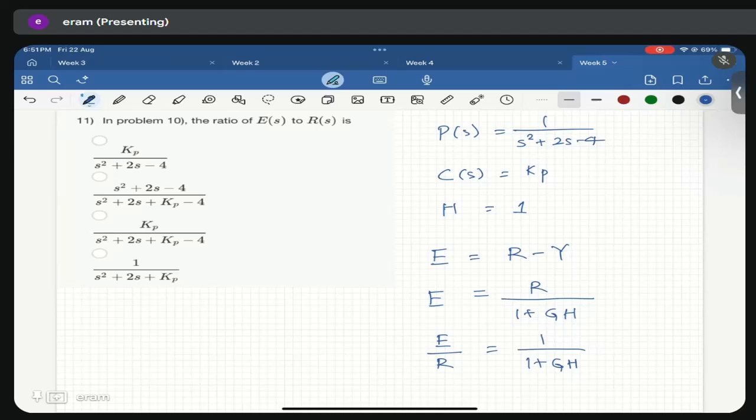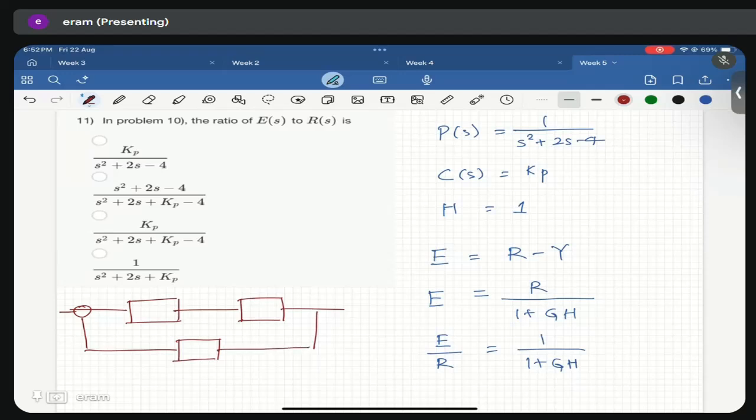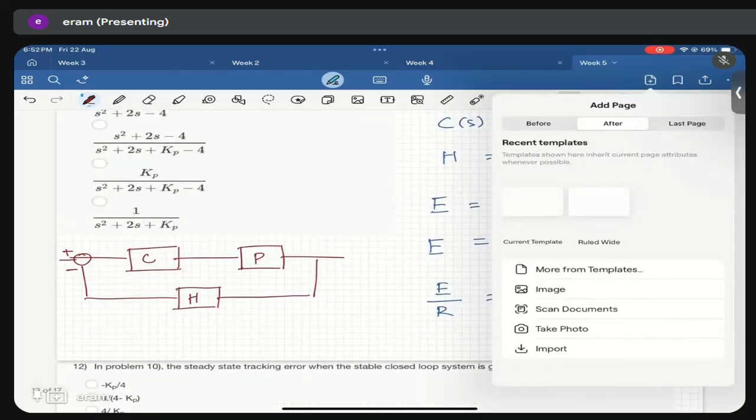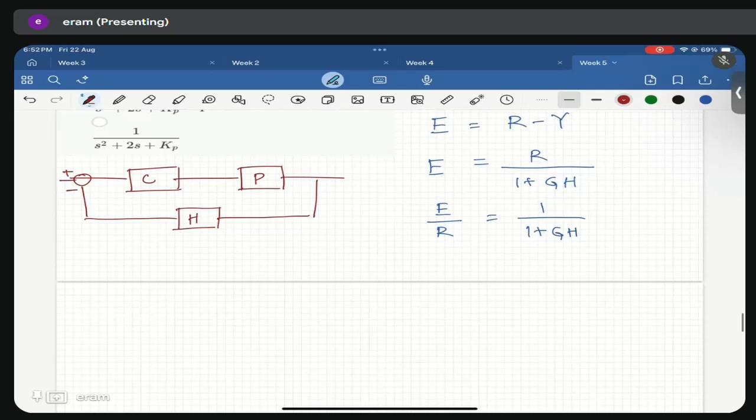Ma'am, how is E equal to R minus Y? If you see the block diagram of a closed loop system with controller C, plant P, and feedback H with negative feedback, here is the output Y, here we are providing the input R, and this is the error.